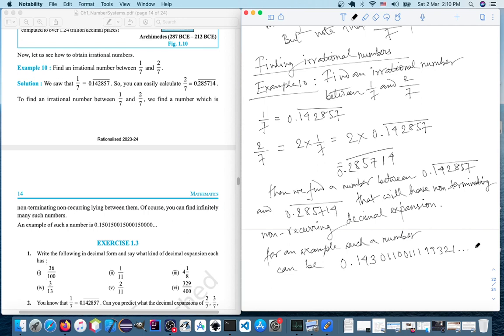The important thing is that 1 by 7 we already calculated earlier, it is this. 2 by 7 is 2 into 1 by 7, and 1 by 7 we know. So we just do a simple multiplication, and 285714 will have a bar.